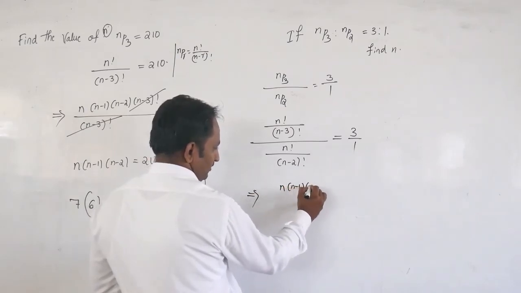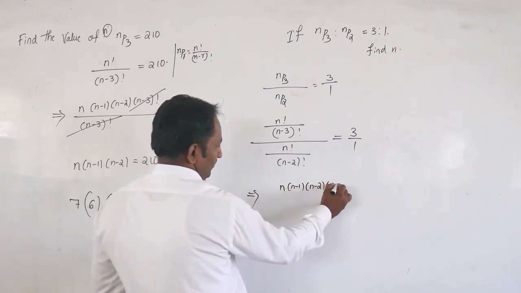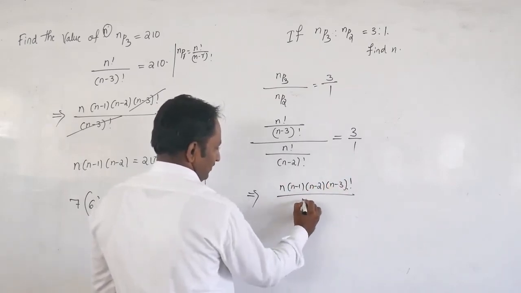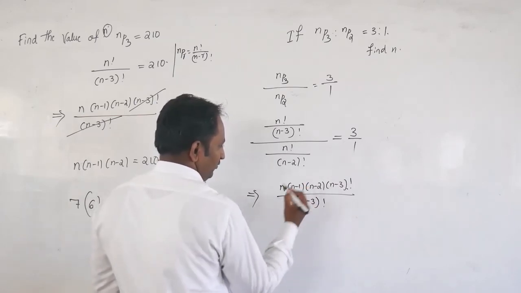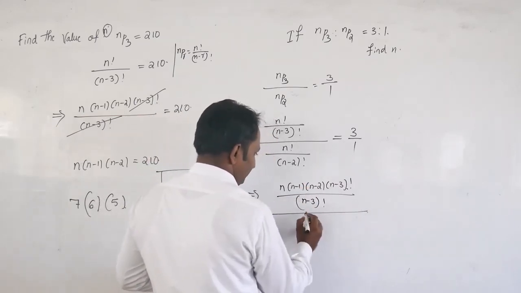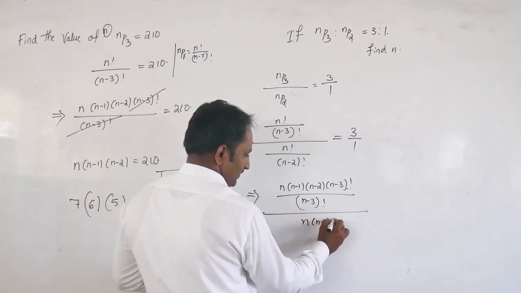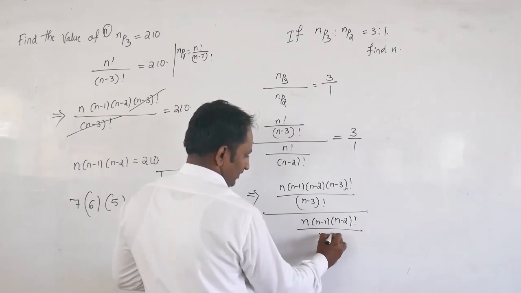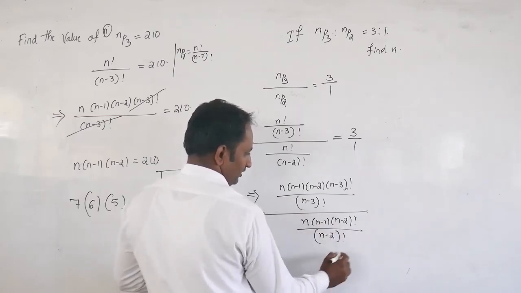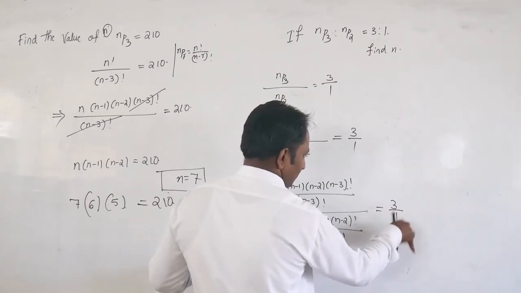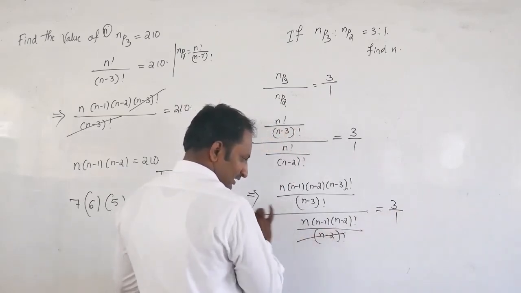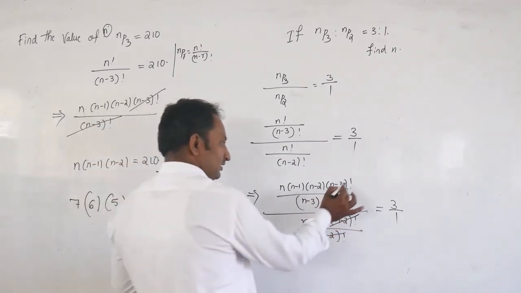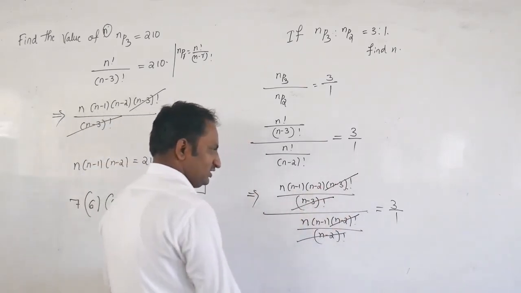This becomes n into (n minus 1) into (n minus 2) into (n minus 3) factorial divided by (n minus 3) factorial, whole divided by n into (n minus 1) into (n minus 2) factorial divided by (n minus 2) factorial, is equal to 3 by 1. The (n minus 2) factorial terms cancel, and the (n minus 3) factorial terms cancel.